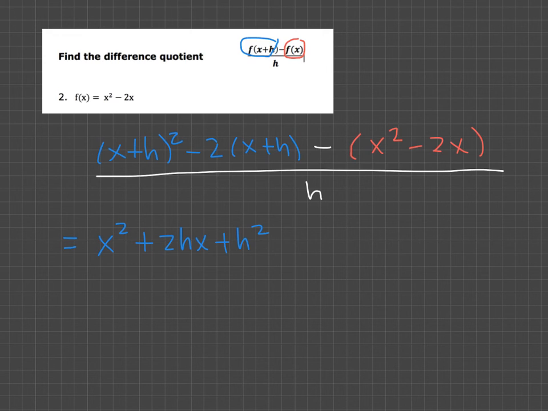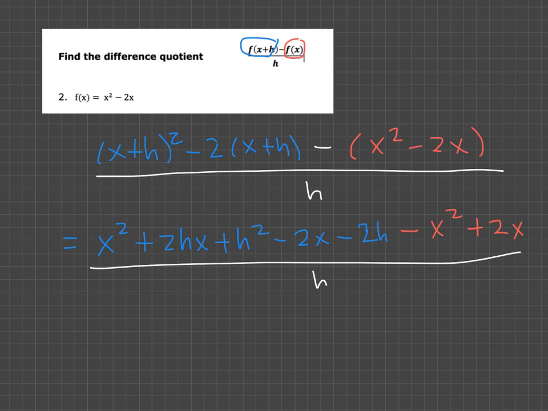And then we distribute that negative 2, and we get negative 2x, negative 2h. Distribute the negative in front of the f of x, and we get negative x squared plus 2x. And that's all over h.